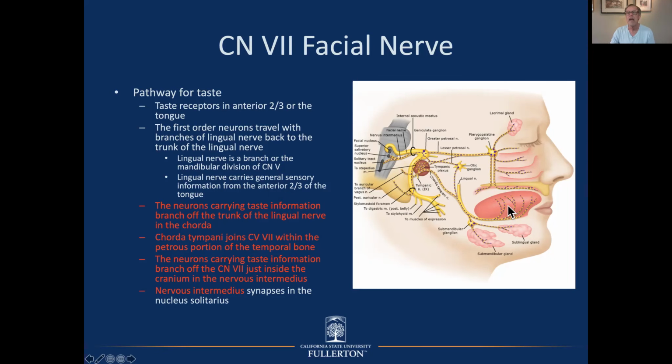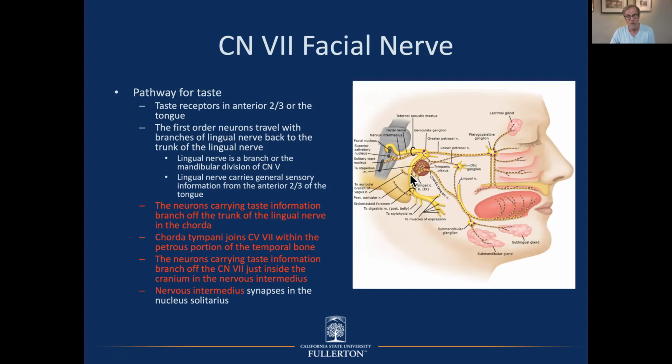So what's important? Anterior 2/3 of the tongue, 7th cranial nerve, nucleus solitarius. Okay. And where is the cranial nerve? So far, I don't think I've linked in for you the 7th cranial nerve. I've got the chorda tympani, and here finally is the 7th cranial nerve with the nerve going out to muscles of facial expression.